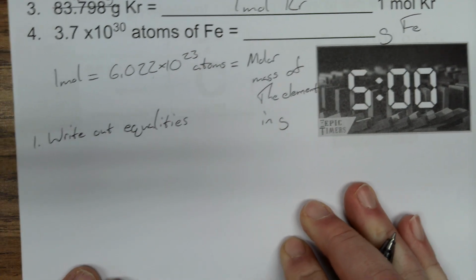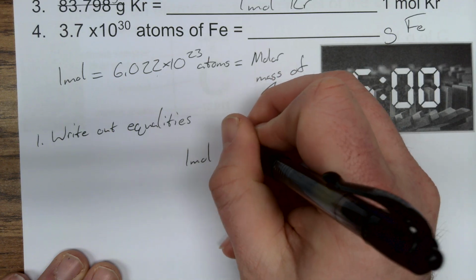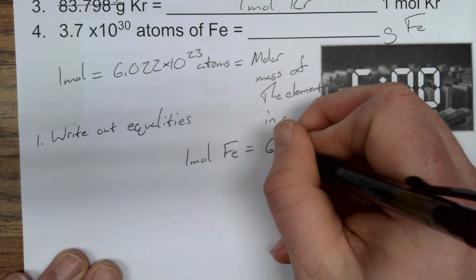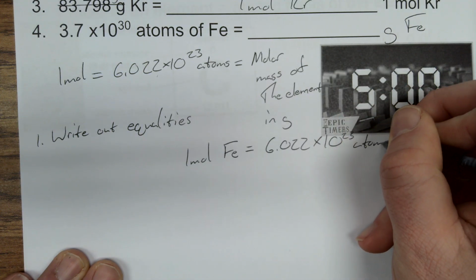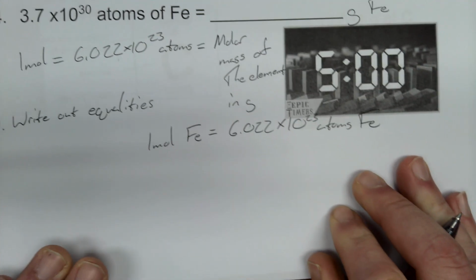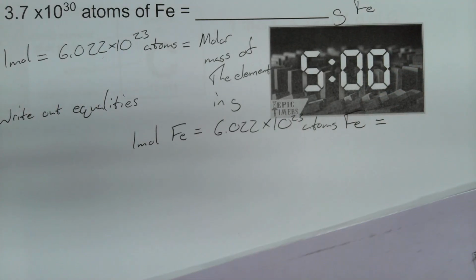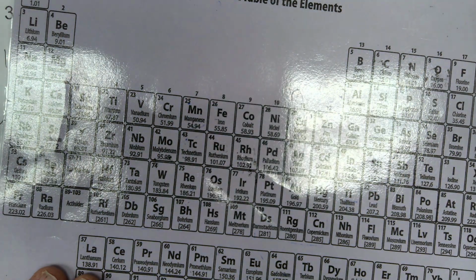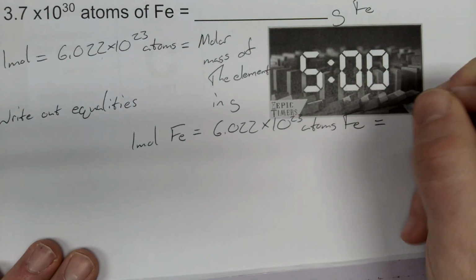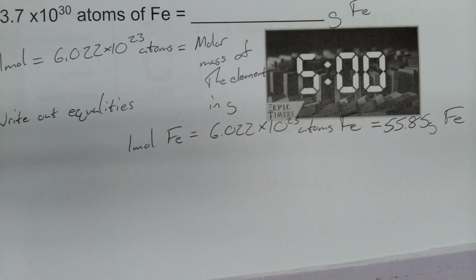The nice thing is that all my equalities are pretty much right here. 1 mole of iron is equal to 6.022 times 10 to the 23 atoms of iron, and that also equals, if I look at my periodic table, iron's number 26, 55.85 grams of iron.